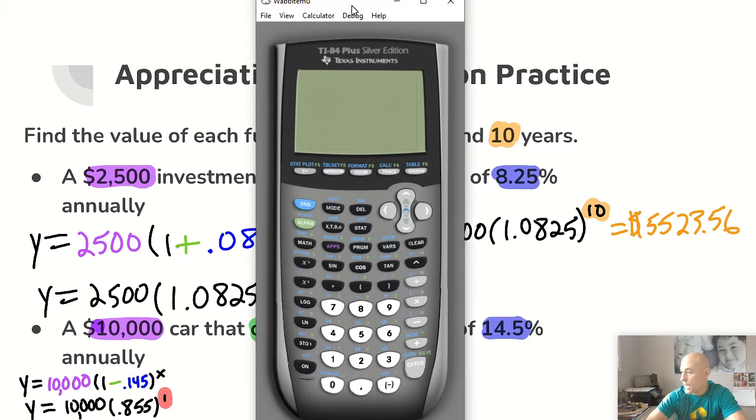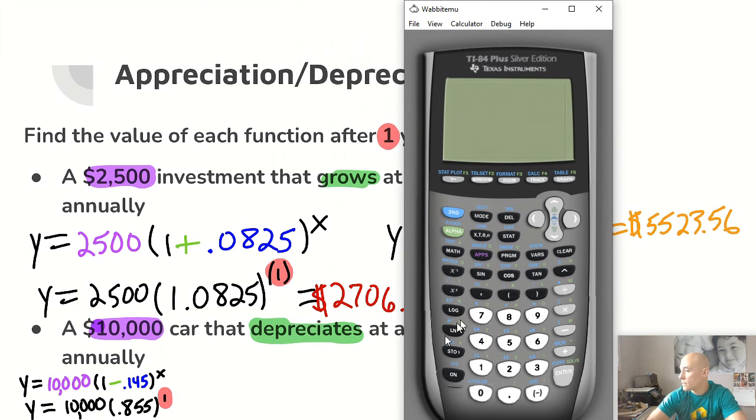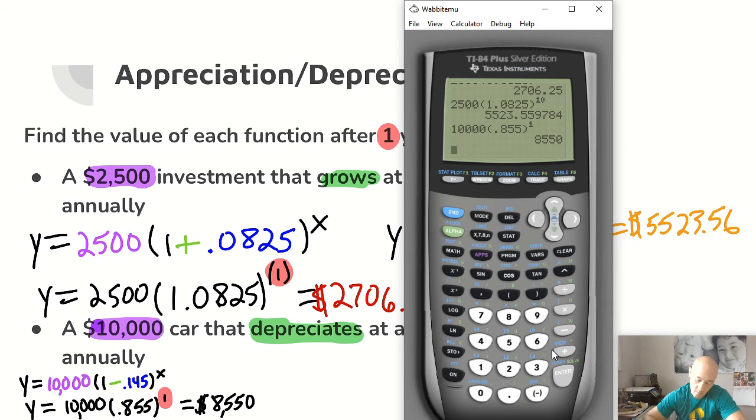So bringing the calculator back, we have 10,000 times 0.855 to the first power. And it's going to be $8,550 after 1 year. And that makes sense. We can see that 0.855 right there out of the 10,000.